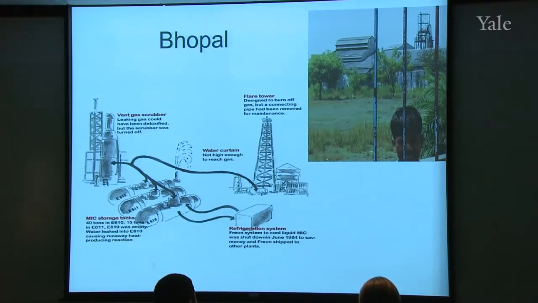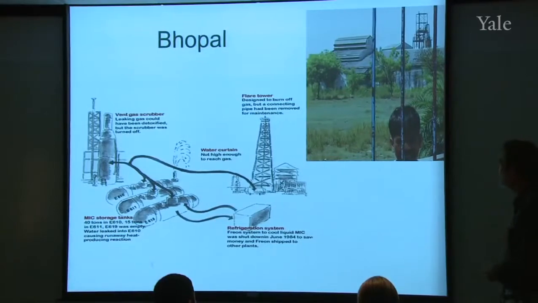So rather than getting mixed and convectively diluted, it spread out as a layer to the surrounding houses, and hundreds of people were killed as they were overtaken by this layer of methyl isocyanate.